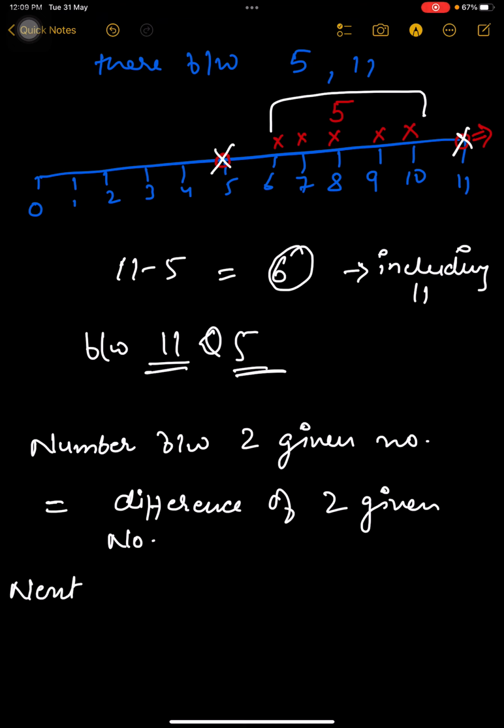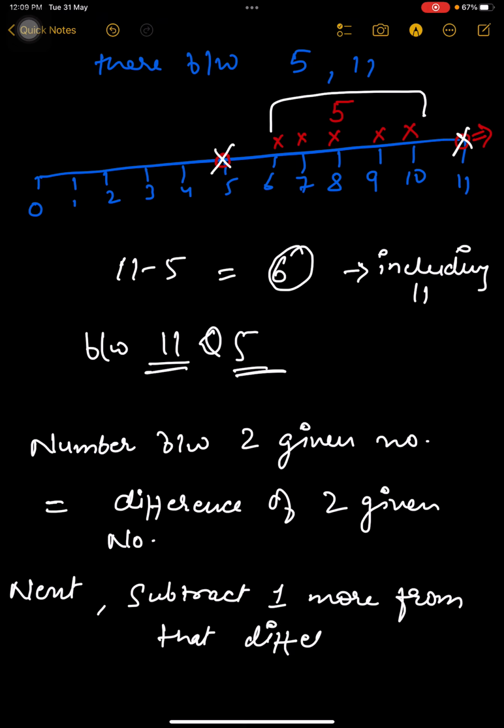Next, subtract 1 more from that difference. Why is it so? Because as you have seen in the earlier example, when we take the difference between 5 and 11, we are including 11 also.